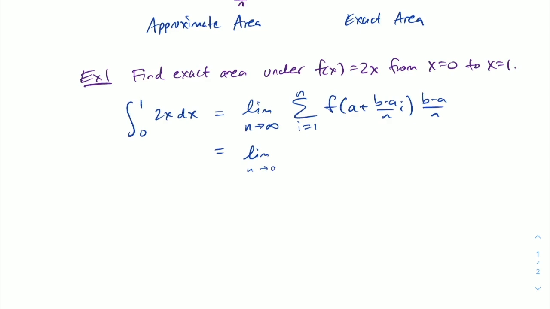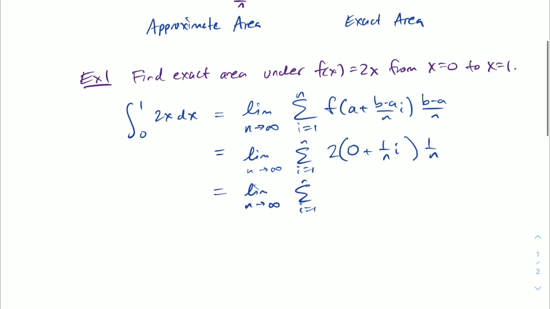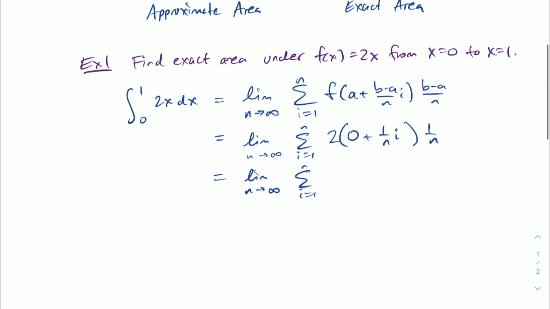So we can replace this general notation with our specific information. f of x is 2x, so we'll replace this with 2 times a plus b minus a over n times i. a is 0, and b minus a is 1, so this is 0 plus 1 over n times i. And again, b minus a over n is 1 over n. So if we clean this up, we'll get 2 over n squared times i.